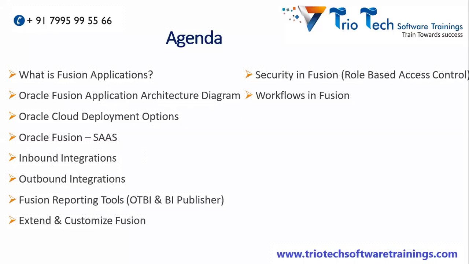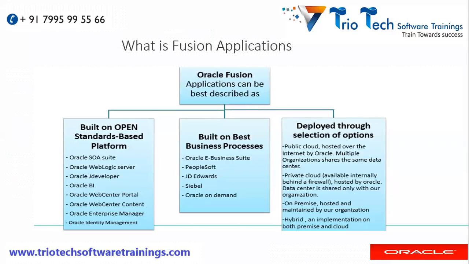Okay, so now starting with what is fusion application. Basically this application is built for comprehensive business tasks. In easy terms, we have ERP, that is enterprise resource planning. We have CRM, that is customer relationship management.